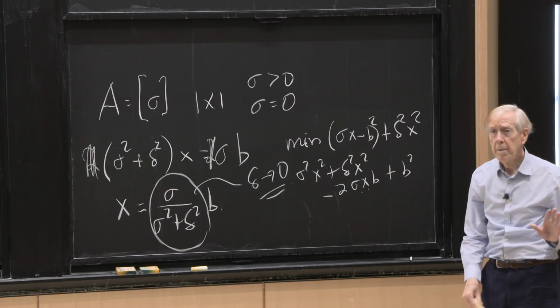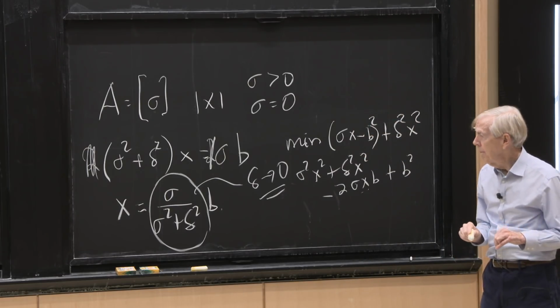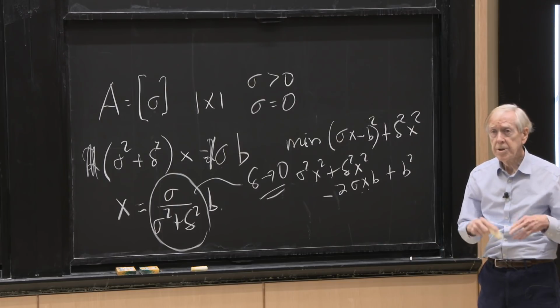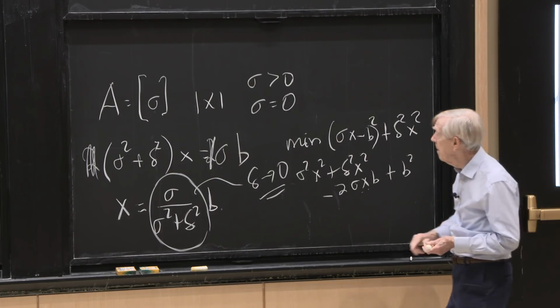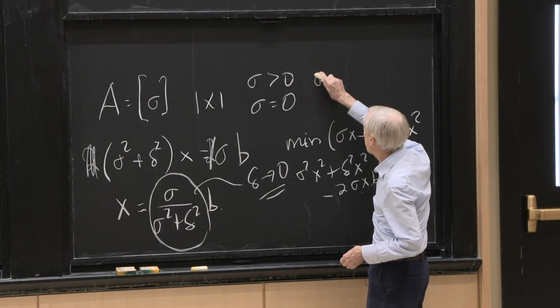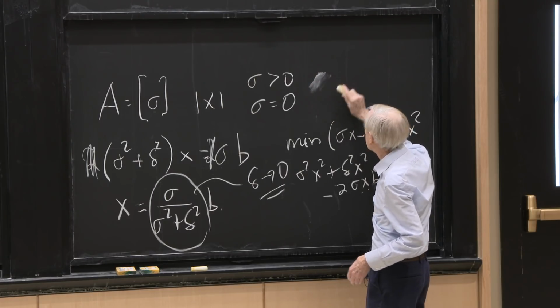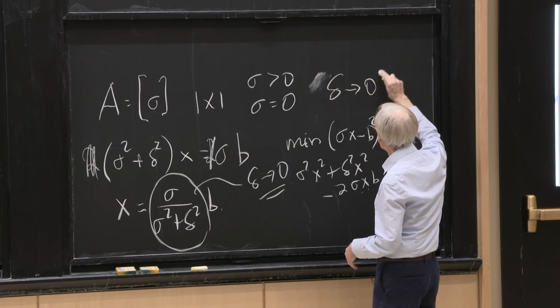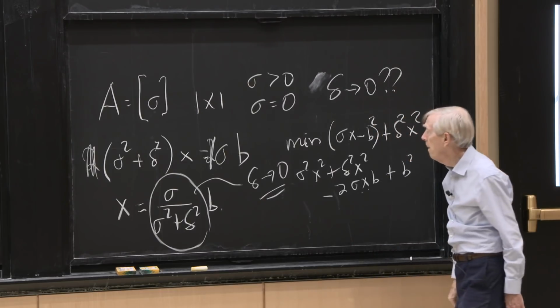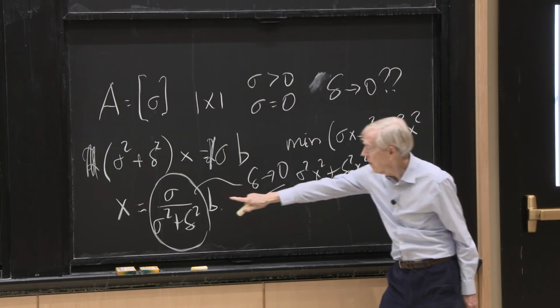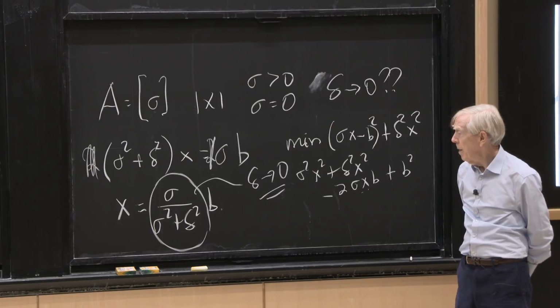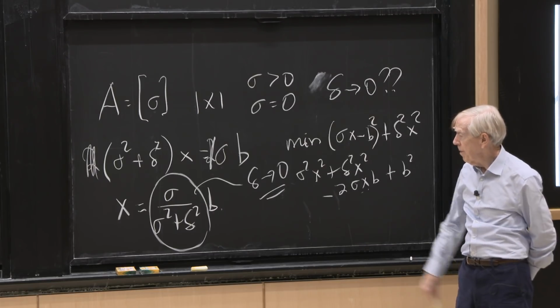So again, what am I doing here? I'm taking a 1 by 1 example just to see what happens in the limit as delta goes to 0. What is the limit of that thing?